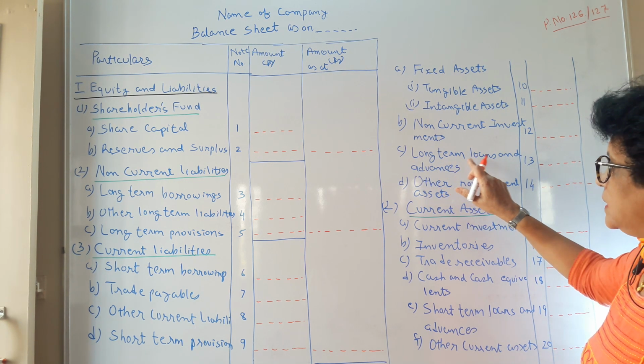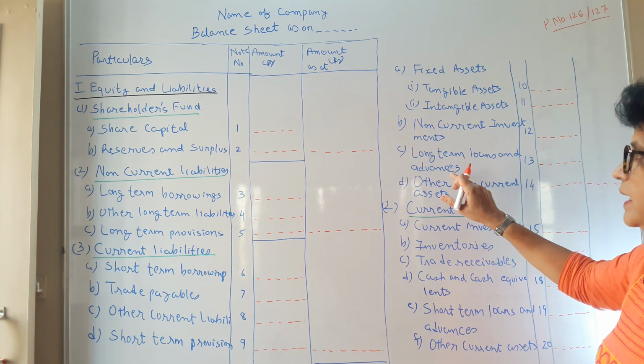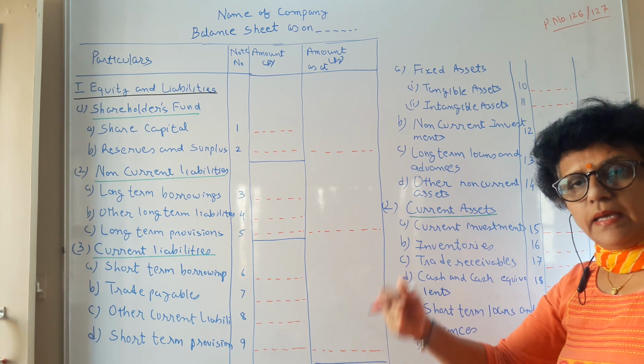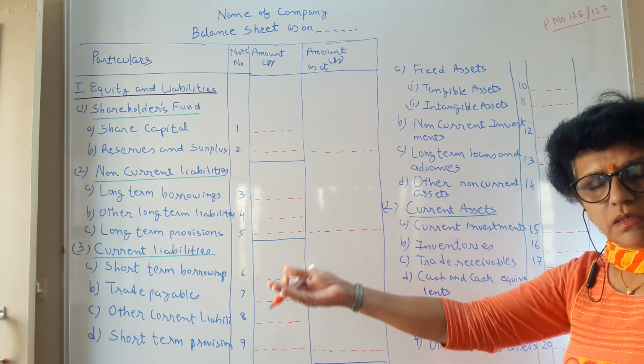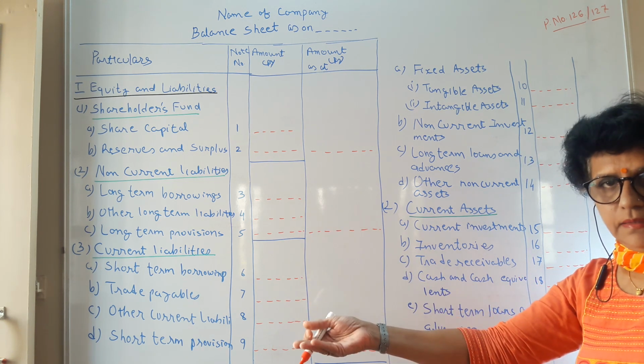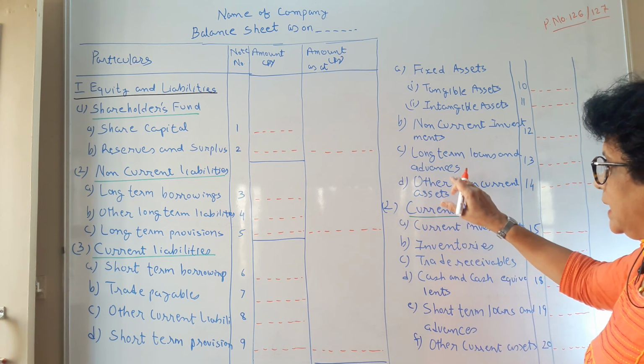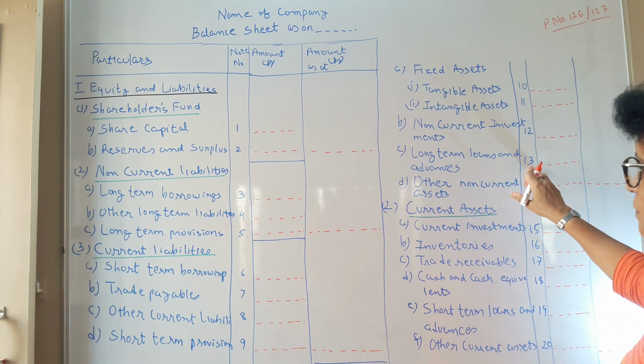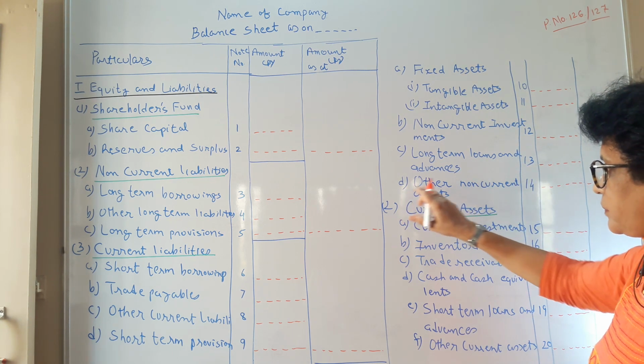The third point is long-term loans and advances. The company has given the loan and advances to the third party, to the outsiders. So the list of all the long-term loans and advances given is to be mentioned over here.